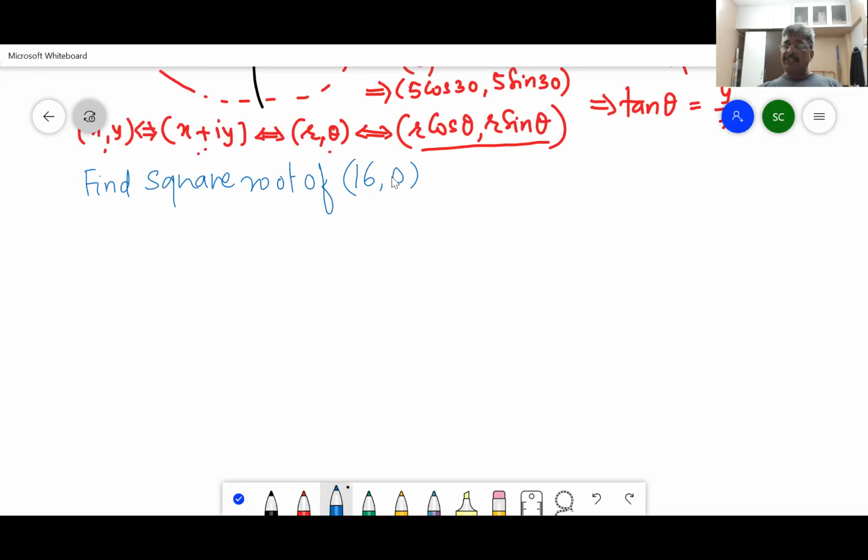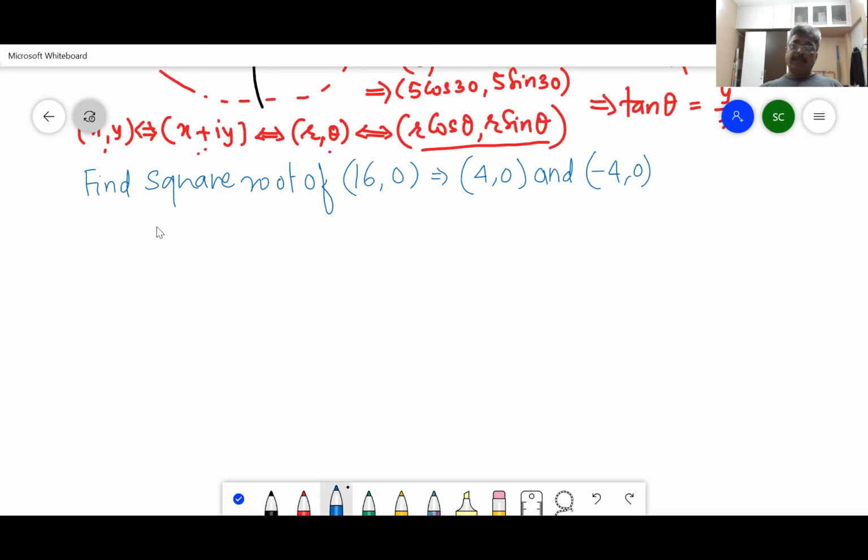So the complex number 16 will be represented by 16, 0, and because 16 is a real number, we know the answer should be 4, 0 and the opposite of 4, 0. This should be the answer.